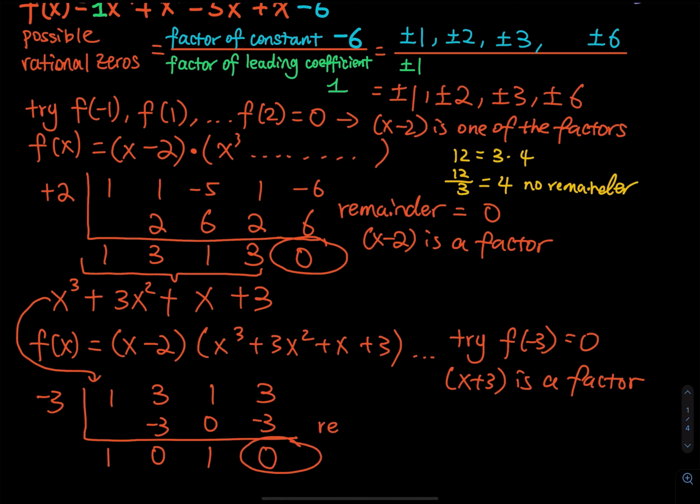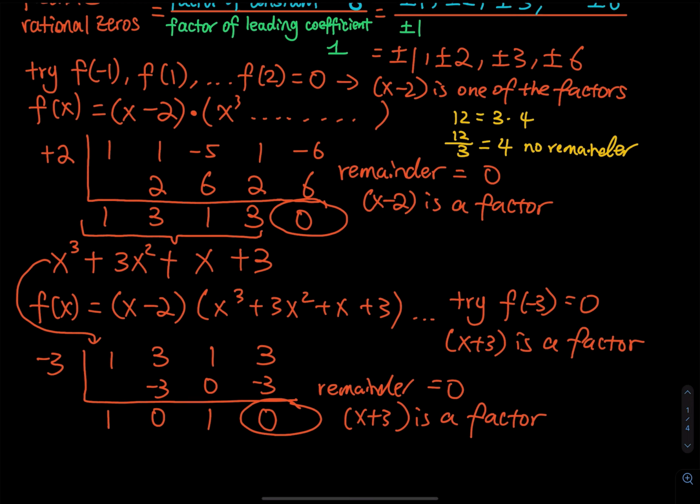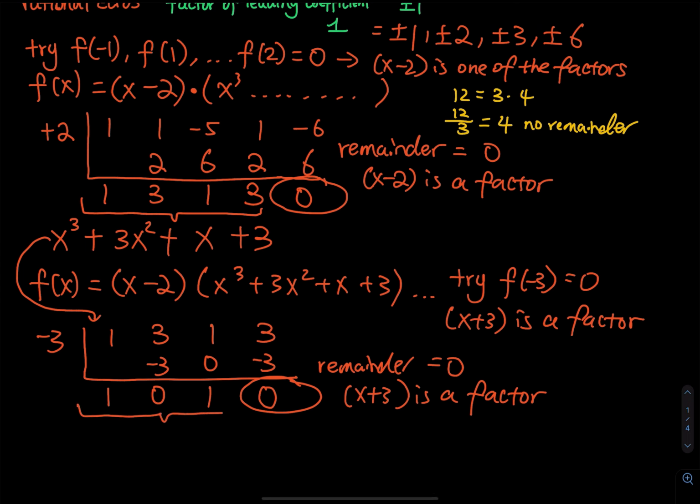So this one is remainder equals 0. So what that means is x plus 3 is a factor. Okay, what do we have left? This one is the constant, and then first degree, and then a second degree.